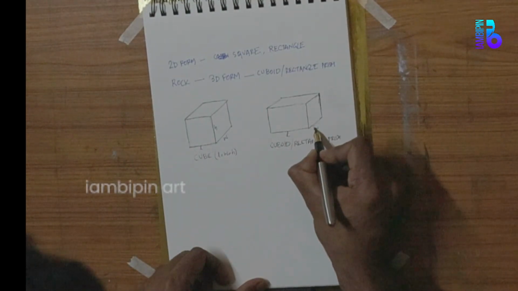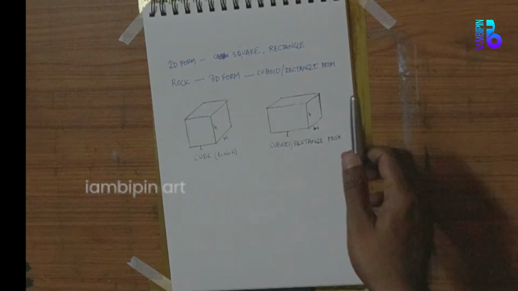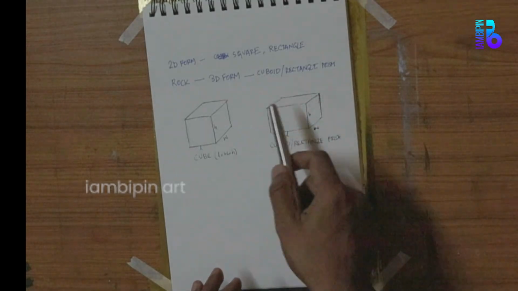Length, width, height. So a rock is essentially a cuboid.